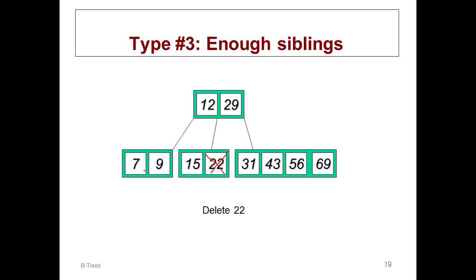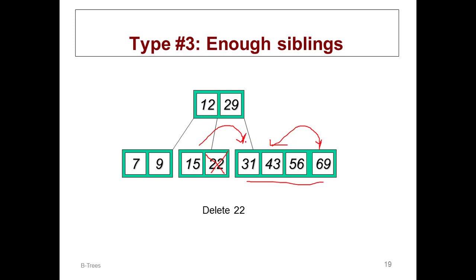We cannot borrow any key from this side. So let's look at the right sibling. Looking at the right side, we see that we have enough keys. If we borrow 1 key from this side, then we are not left with too few keys. So the borrowing operation in this example could be successful.